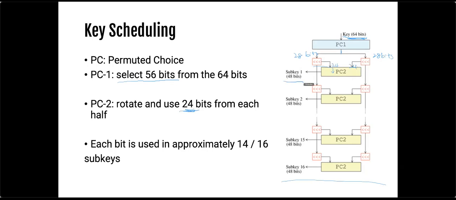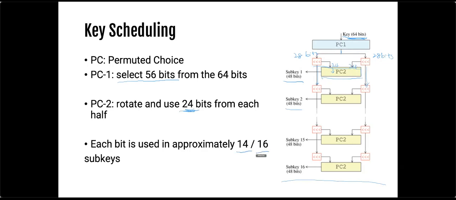After that, it will keep moving. Again, every time it selects 24 bits from the 28 bits and combines them together to get a second subkey. This operation is kind of fixed, but the nice thing is that such rotation will make sure that approximately every bit is used in 14 out of 16 subkeys.